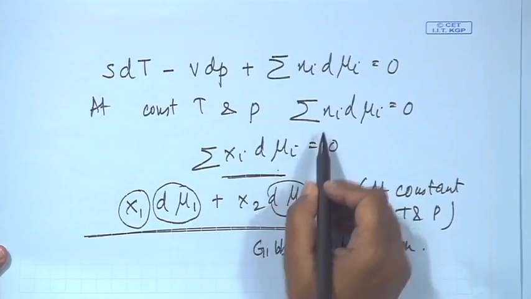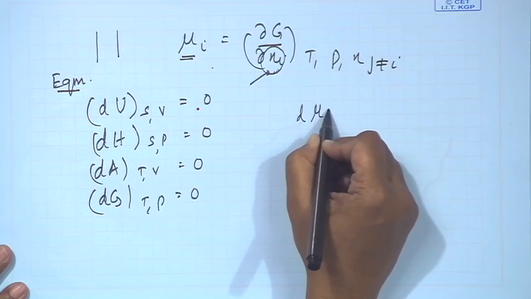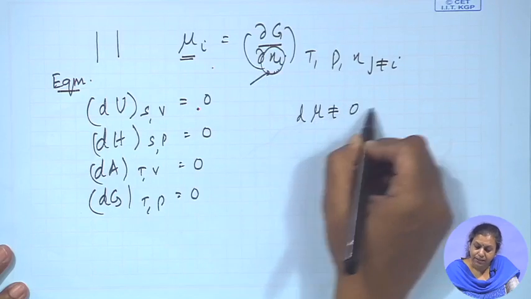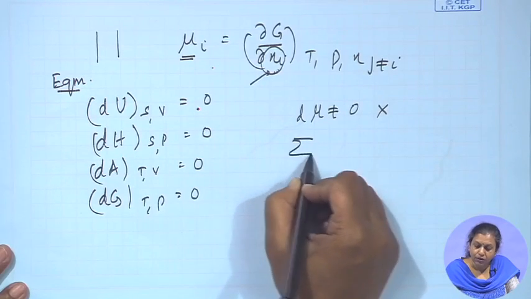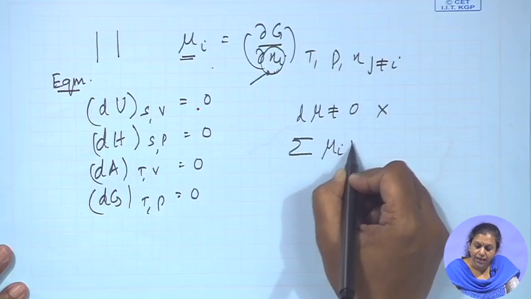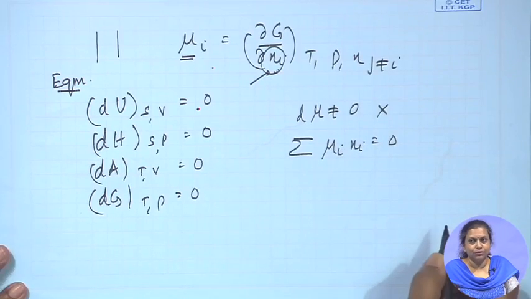But in the case of chemical potential, if you observe this particular equation, it immediately appears that it is not that d mu is equal to 0, this does not happen. On the contrary, sigma mu i N i is equal to 0.